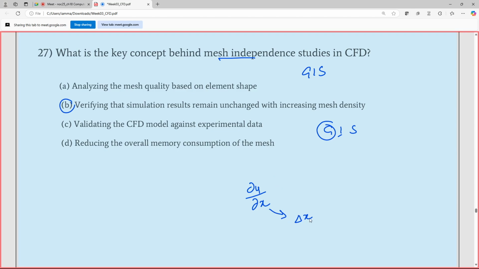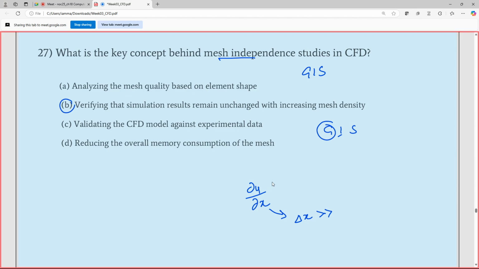So when this delta x becomes smaller and smaller than some particular threshold value, then we can see how this term changes. The variation of u with respect to x will vary until some delta x.